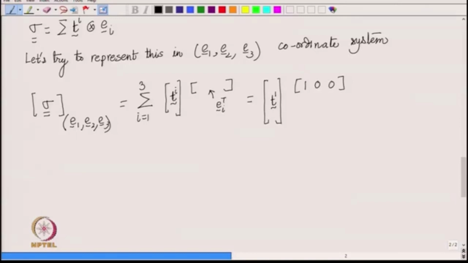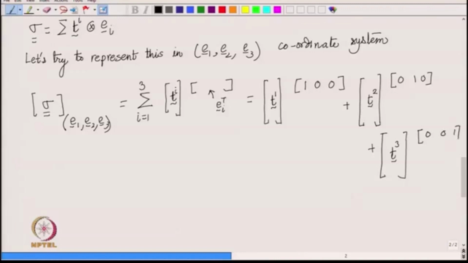If you use some other coordinate system to represent E 1, then it will look something else. Okay. Then we have the next one, T 2 into E 2 transpose. So, E 2 transpose is now 0 1 0, right, and then the last one, T 3 into E 3 transpose, which is 0 0 1.